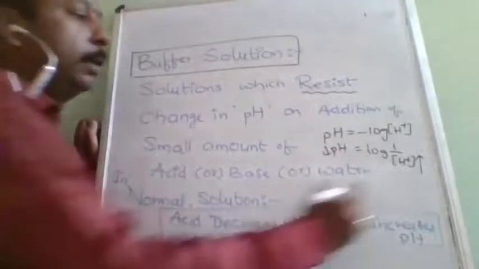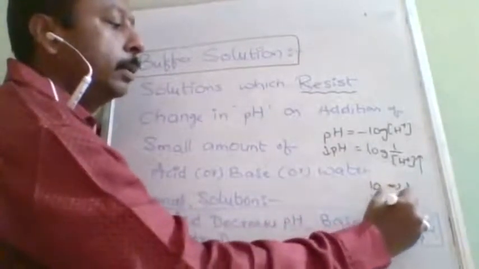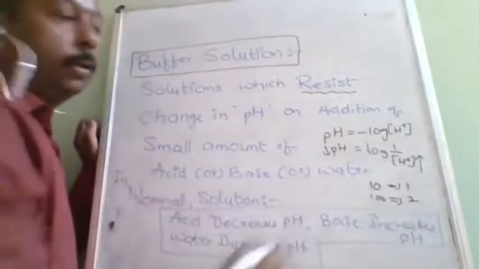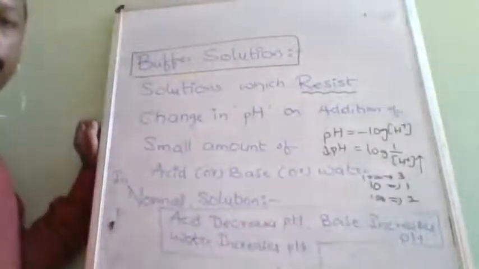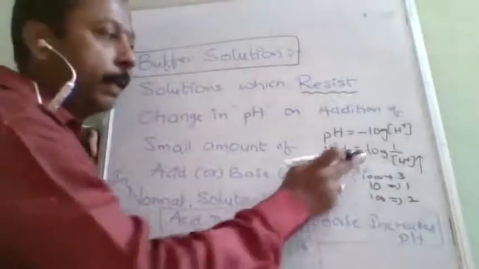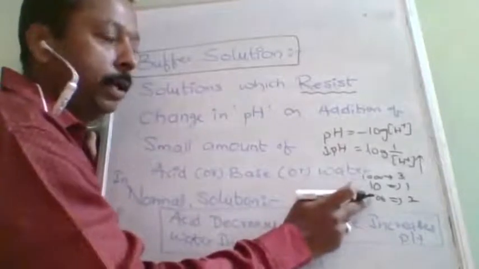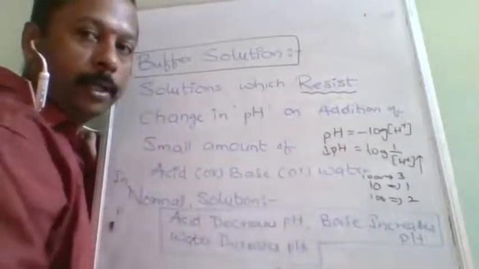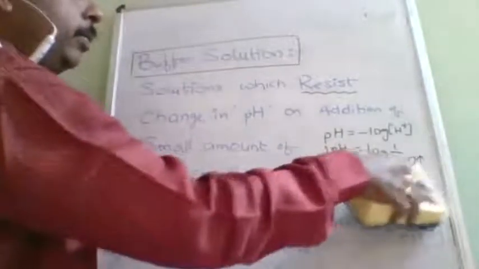That means 10 times leads to a change of 1, 100 times leads to a change of 2, 1000 times leads to a change of 3. This is because of the application of log: log 10 is equal to 1, log 100 equal to 2, log 1000 equal to 3.